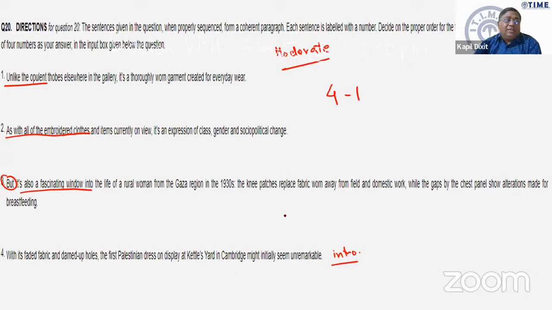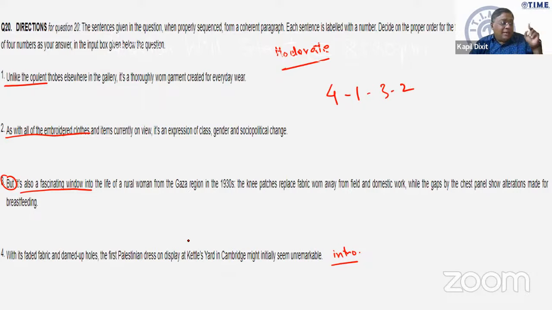Again, unlike the other opulent tropes. Okay. Now, 4-1 is a direct connect here, and you could have easily moved to, but it's also a fascinating window into the life of a rural woman, and then as with all of the embroidered clothes. So one could have easily moved to 4132 as an answer.